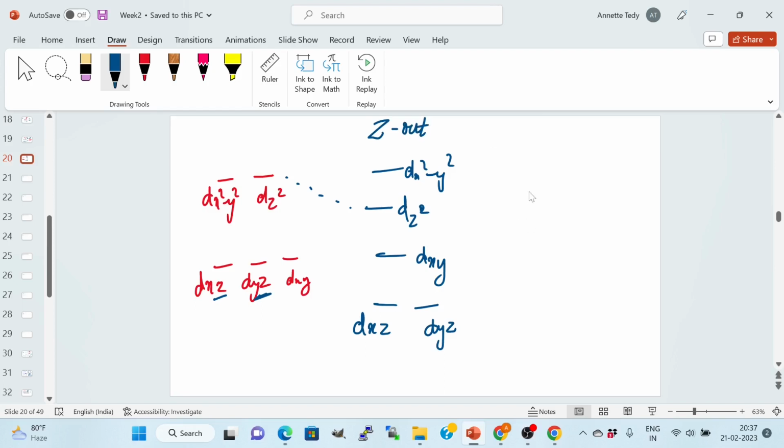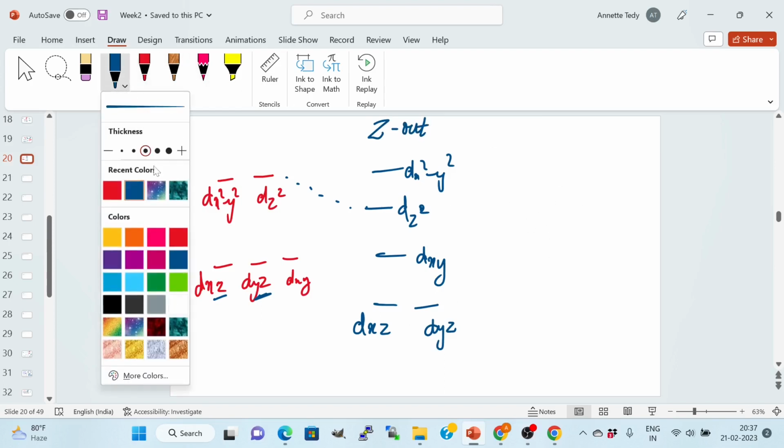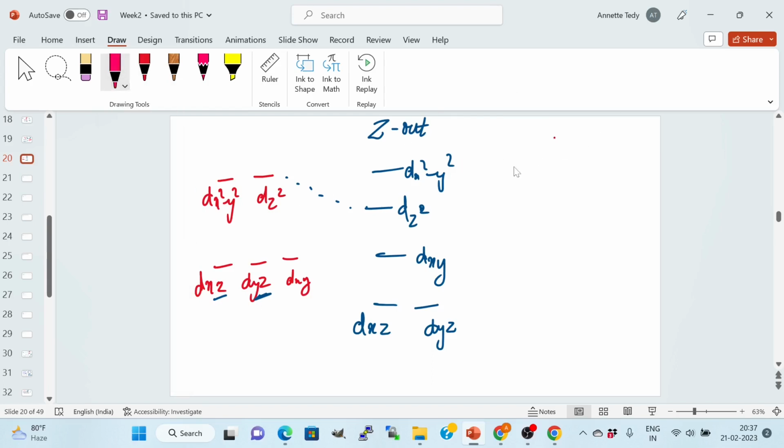When Z in happens, it is the other way around. When Z in happens, there is much more interaction between the Z orbitals and the ligand. Therefore, Z's repulsion will be much higher. So dz square will have higher energy. Dx square minus y square will have lower energy, which is much more stabilized with respect to z square.